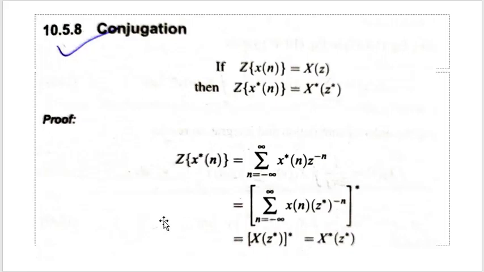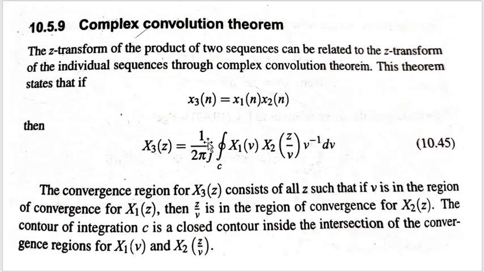These terms are very useful when it comes to other problems that we will see. Then the complex convolution theorem. For this you may not need the proof, but this property is also very important to solve Parseval's theorem and the initial and final value theorem. The z transform of the product of two sequences can be related to the z transform of the individual sequences through the complex convolution theorem.